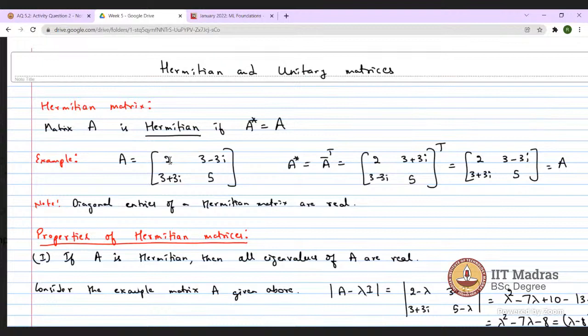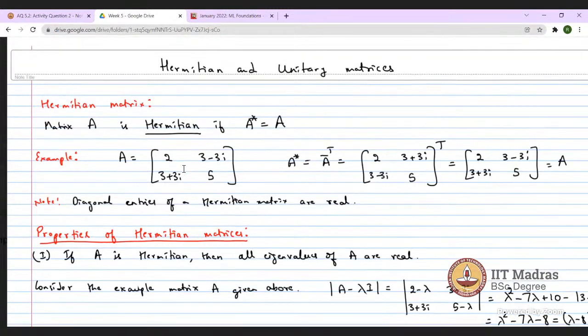For the conjugate to be itself, the only way possible is if it does not have an imaginary part. For real numbers, the conjugate is itself. That is why for a Hermitian matrix, the diagonal elements will always be real numbers. Is it clear what I'm talking about?